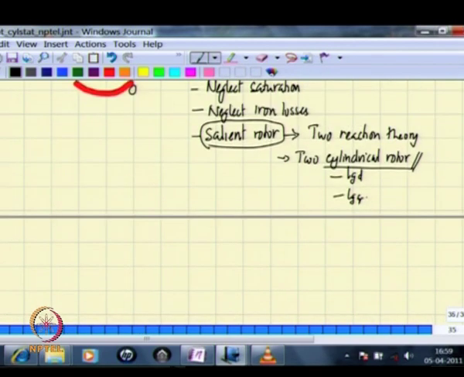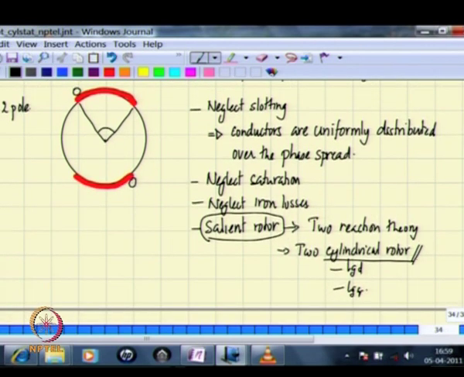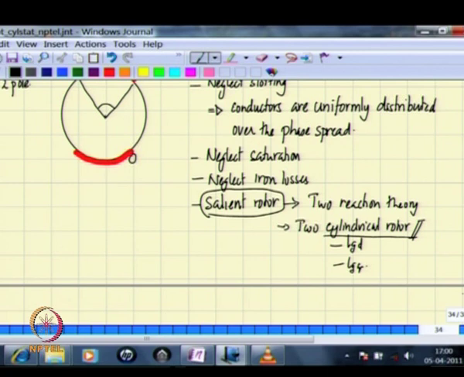So, the next task is to find out how the MMF waveform looks, because now that the problem has been converted to a cylindrical rotor structure, we go back to the case when we first looked at cylindrical stator, cylindrical rotor, and wrote down the MMF variation, from that the flux density variation, and then tried to determine the flux. So, the problem is now simplified a little. Now, the question is, how do we find the MMF variation of a uniformly distributed stator phase winding?